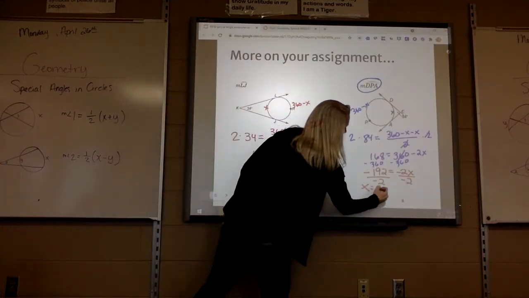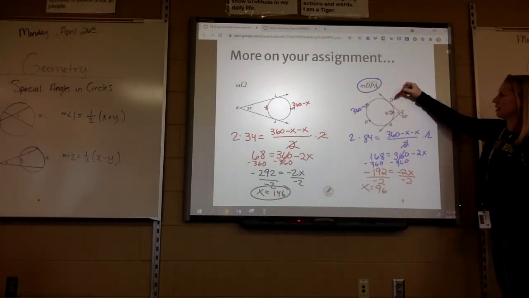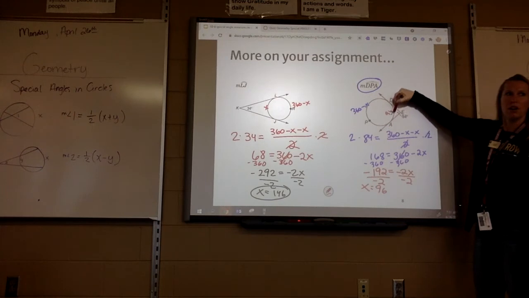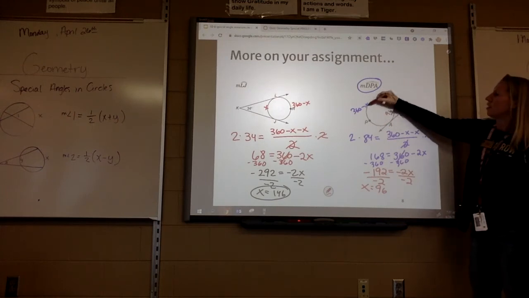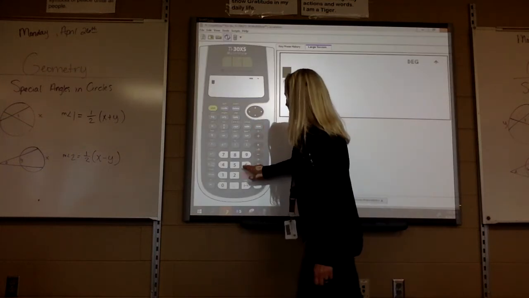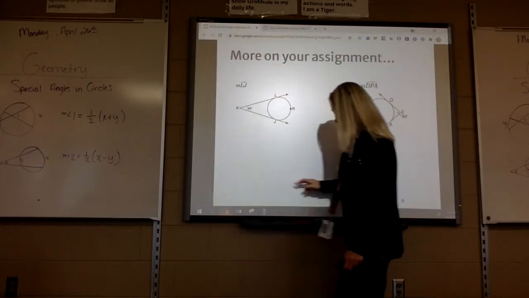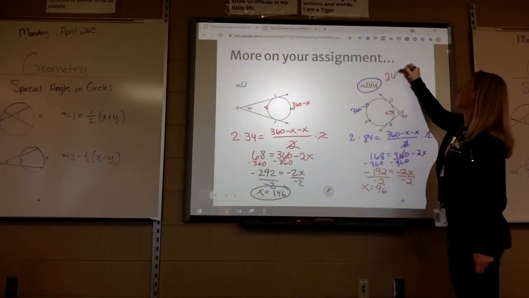So x is 96. That means this arc right here is 96. How would I get the great big arc? 360 minus 96. 264 will be the answer to that one.